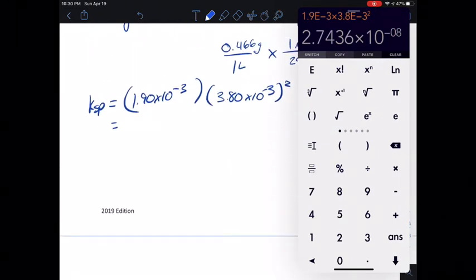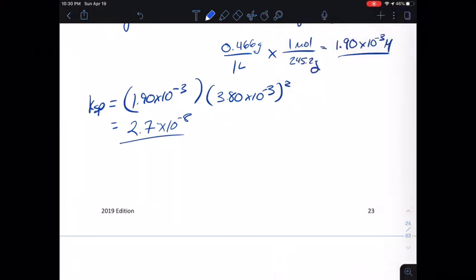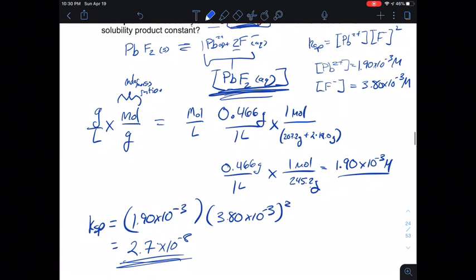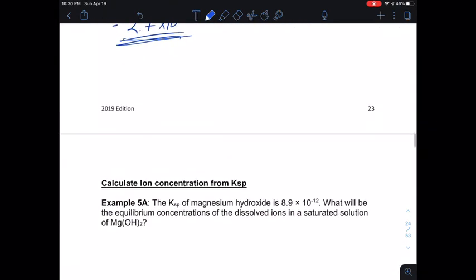So the Ksp is, maybe surprisingly, 2.7 times 10 to the negative 8. I think at one point I probably only had 2 significant figures there, or 1 decimal place. All right, so that is my final value. That's how you find a Ksp. It's a bit of work, but you can do it, and I believe in you.